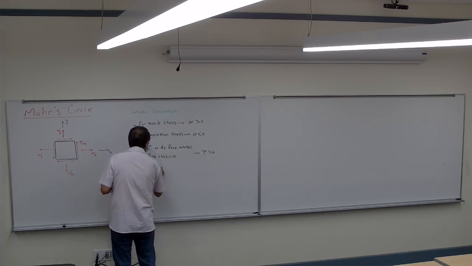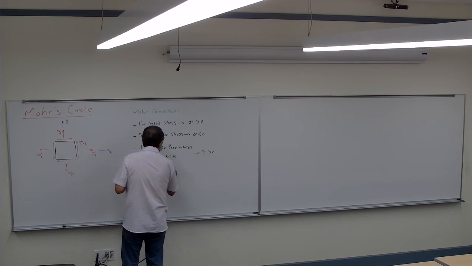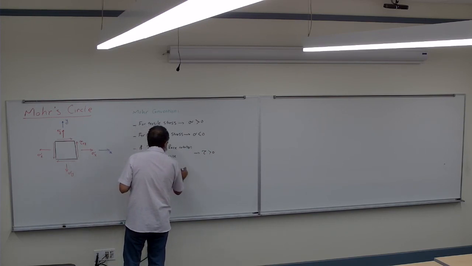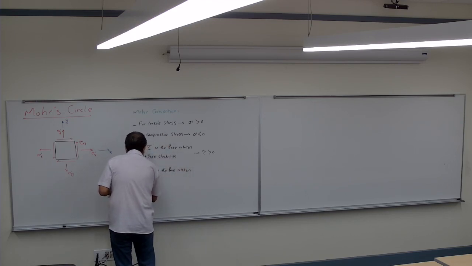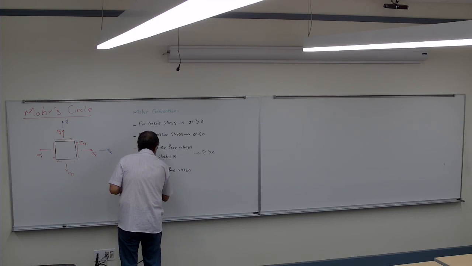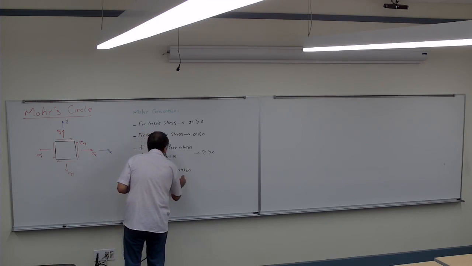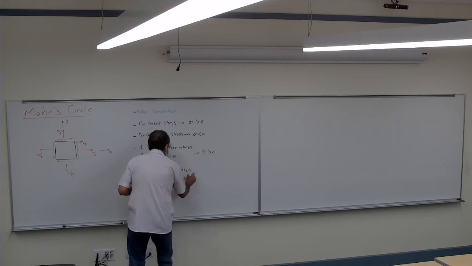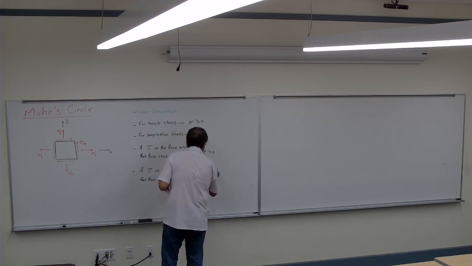If tau on the face rotates that face counterclockwise, then the tau is negative.